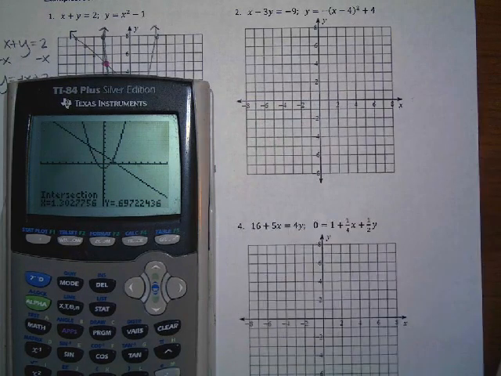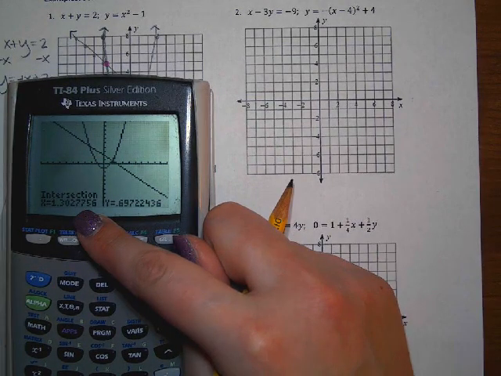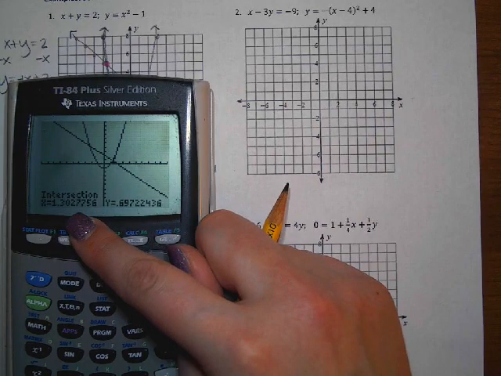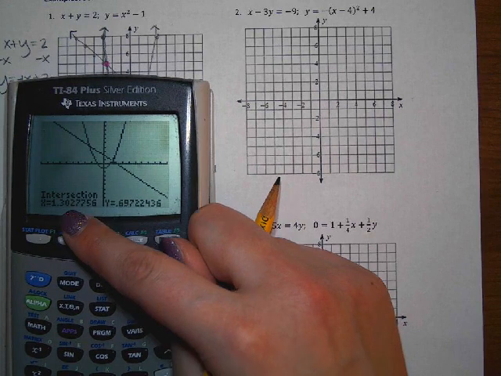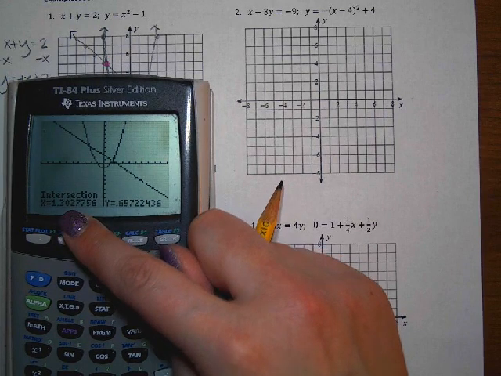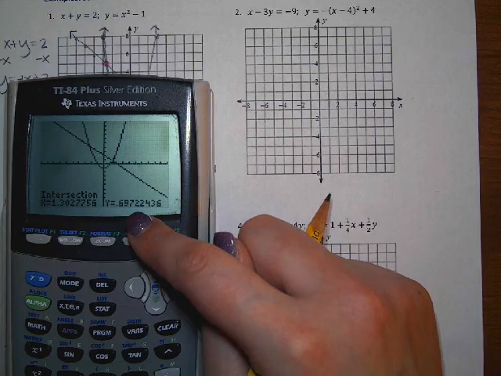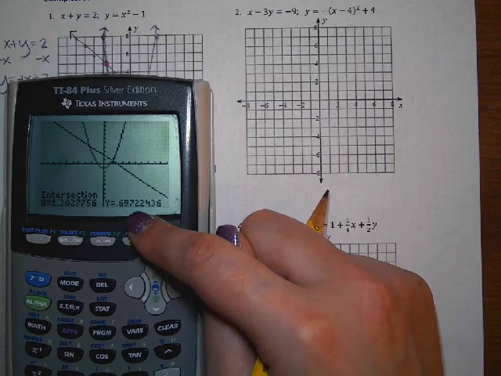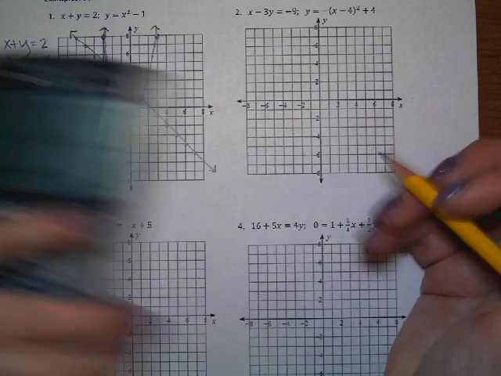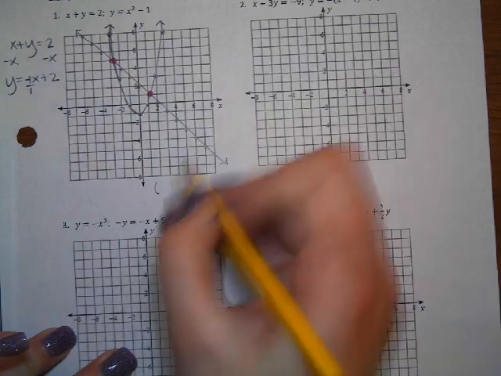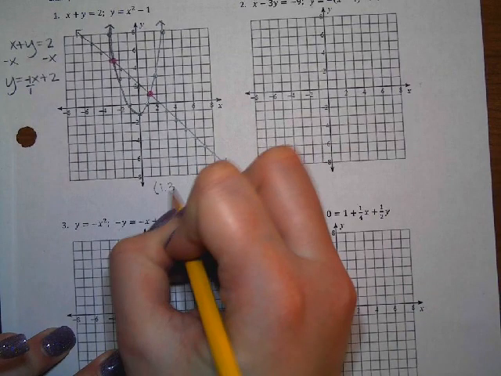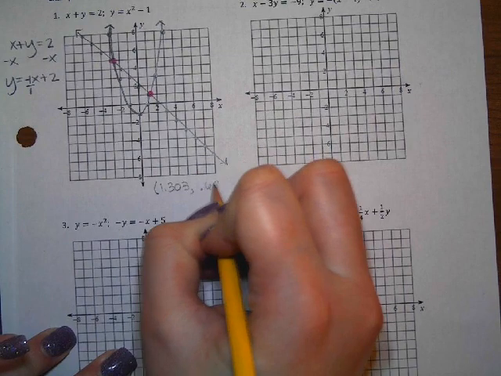And so this is my intersection. You should get your x coordinate is 1.303, and the y coordinate is 3.697. Did we all get that? Okay, I'm going to write that down. I've got 1.303, 3.697.